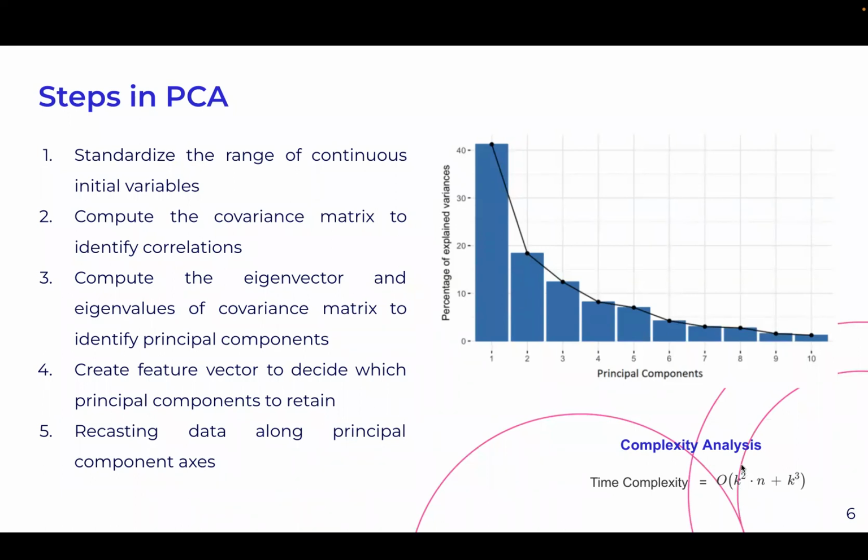The k squared comes while you compute the covariance matrix, and the k cubed comes while you compute the eigenvectors and eigenvalues of the covariance matrix. So it is very computationally expensive to do PCA for a very large dimensional matrix. That is where we try to find other useful dimensionality reduction techniques with less time complexity.